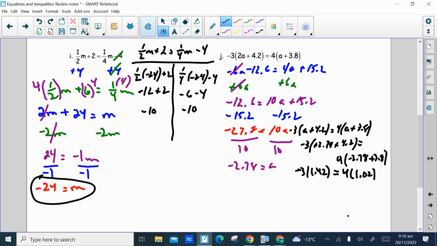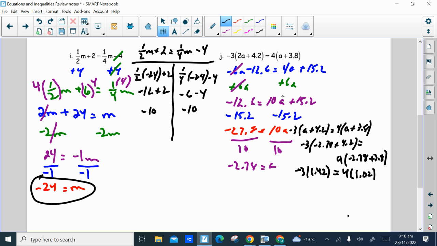Nope. Okay, so let's go back and check. So that multiplication was right. That multiplication was right. We added 6a, which gave us 10a on the right.